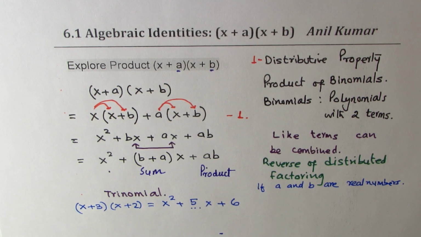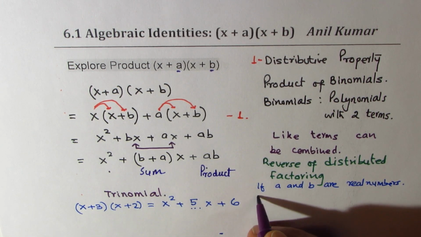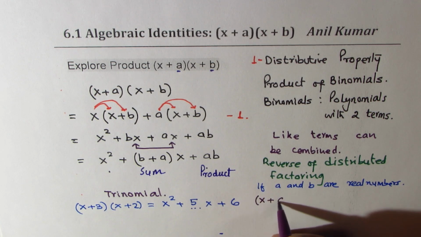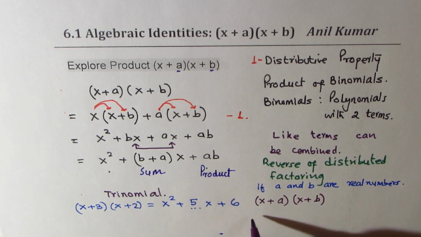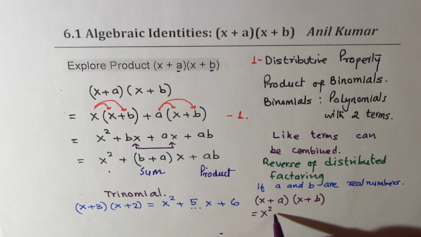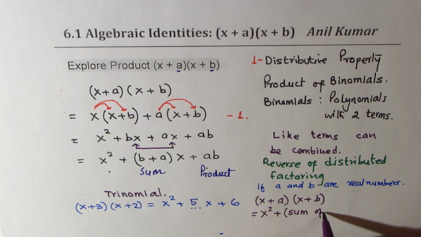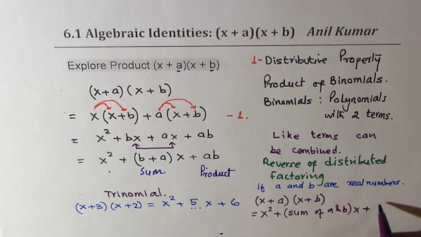So what we get here is that if I have x plus a times x plus b, then what I get here is x squared plus sum of a and b times x plus product of a and b. Do you understand?